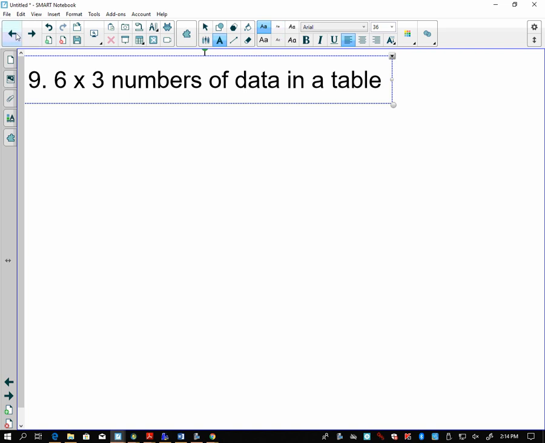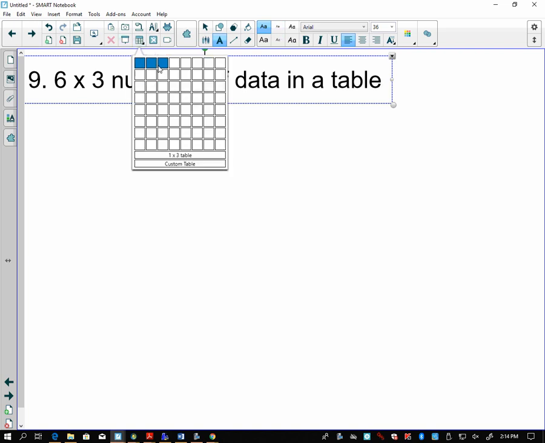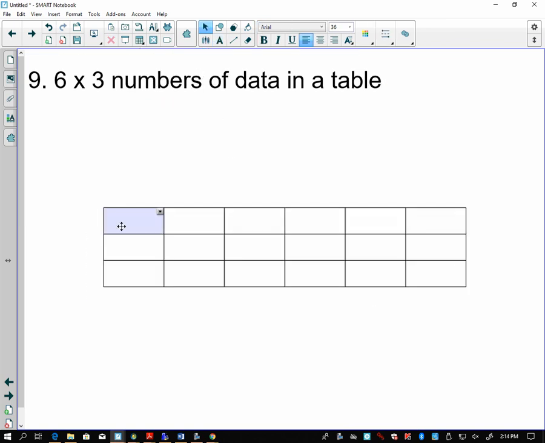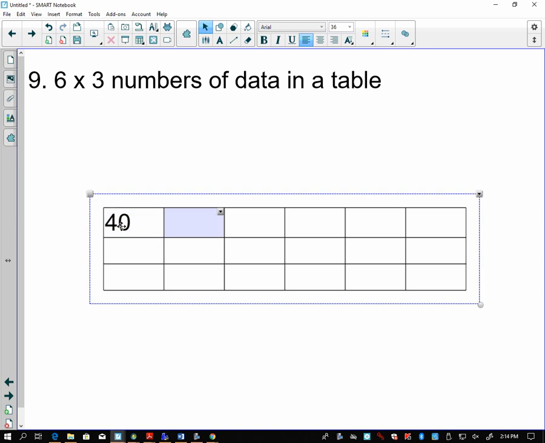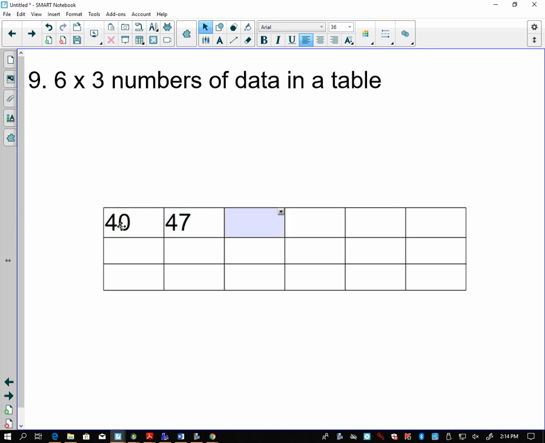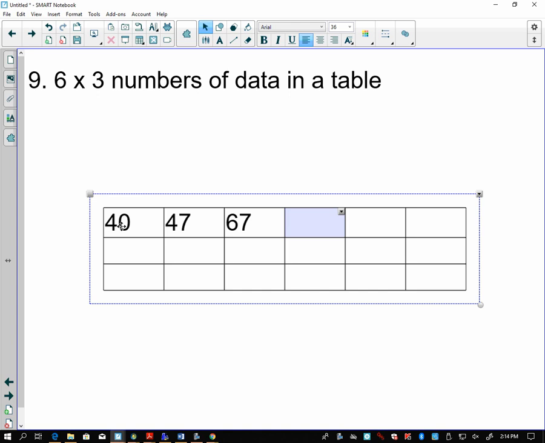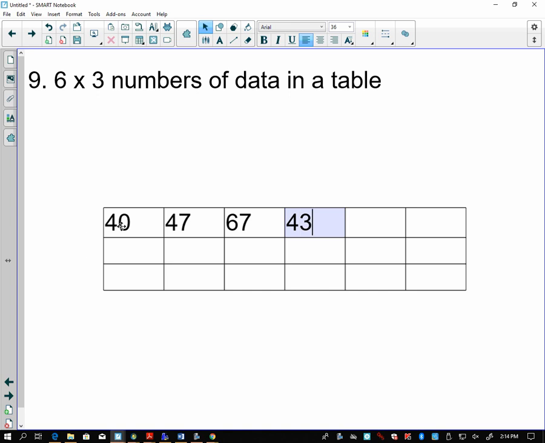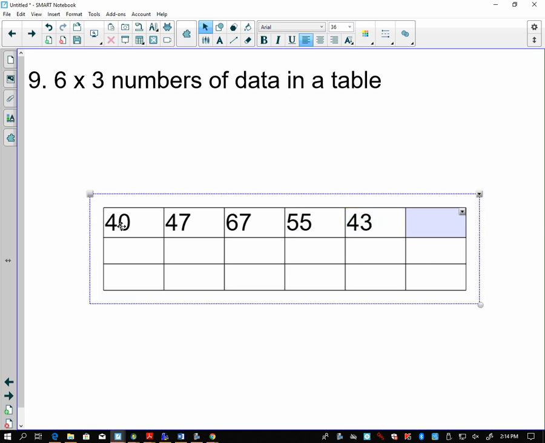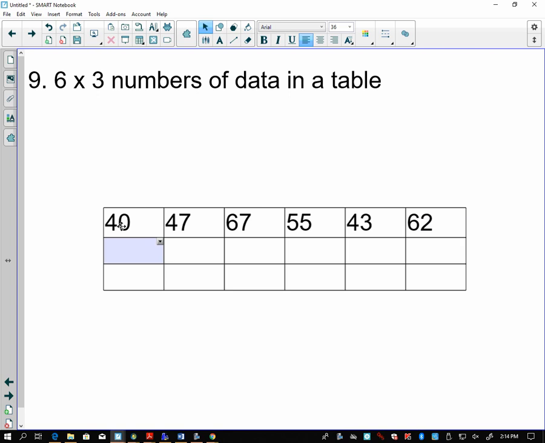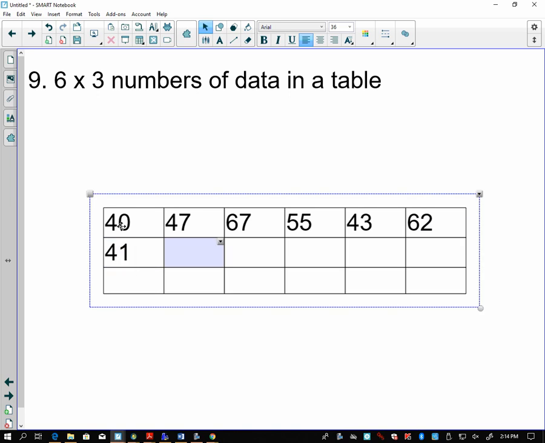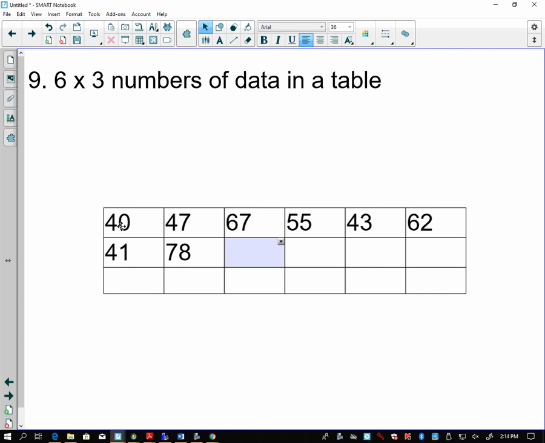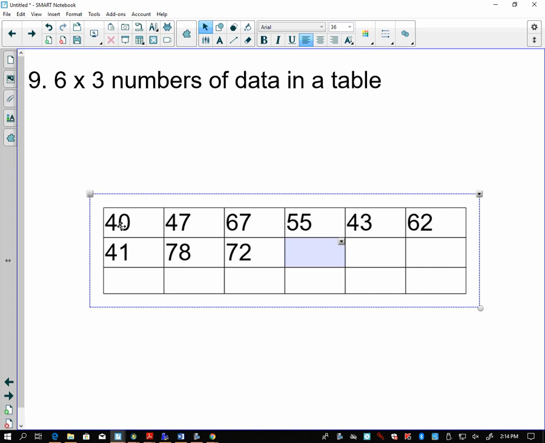So it would look something like, oh, let's say, something like this. Sorry it's taking me so long.